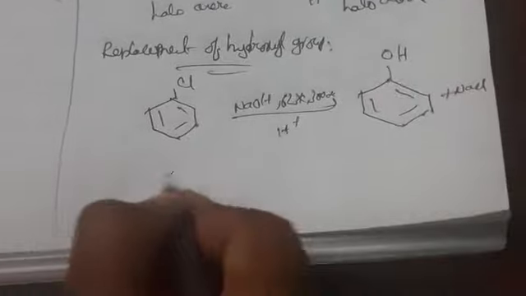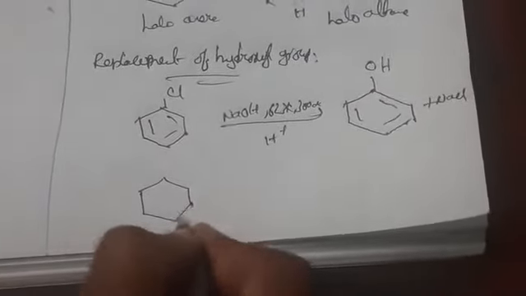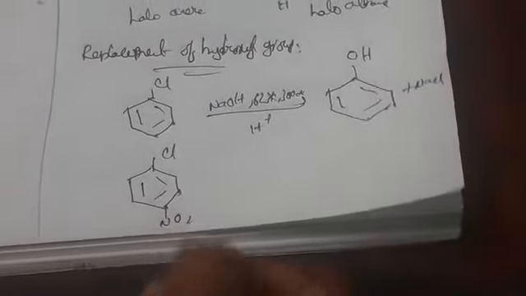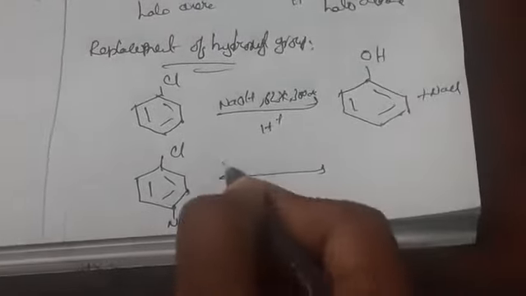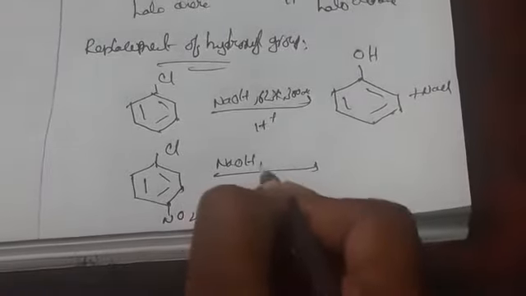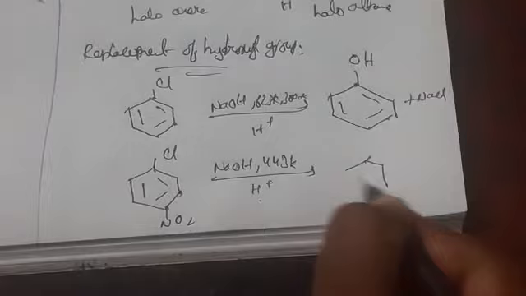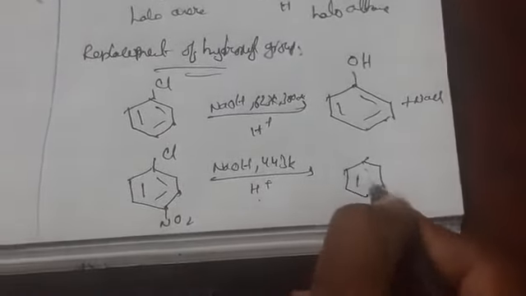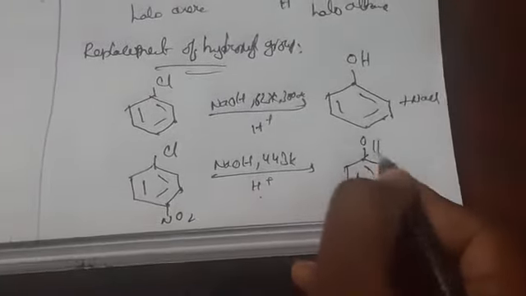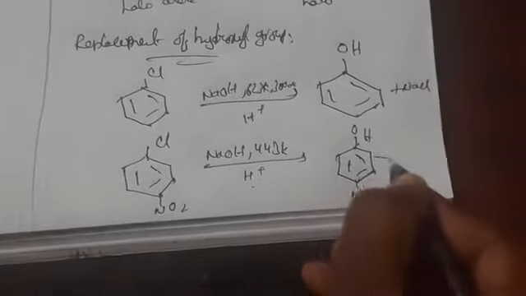And also if you take one more compound like this, with a nitro group, Cl here and NO2, in the presence of NaOH at 443 Kelvin, then H plus, it will form OH and NO2 plus NaCl. And not only this, we can take one more at the para position.